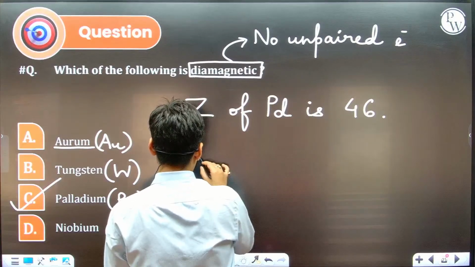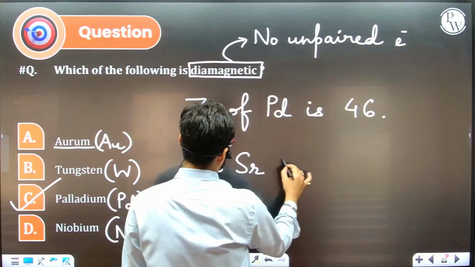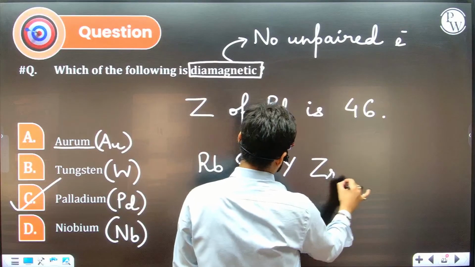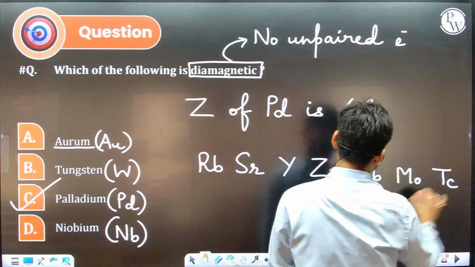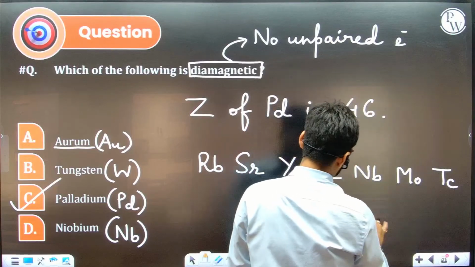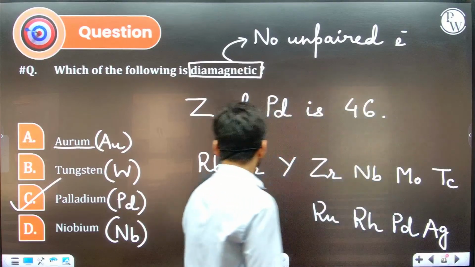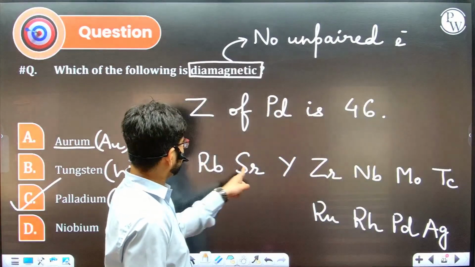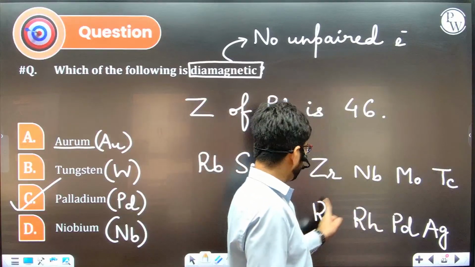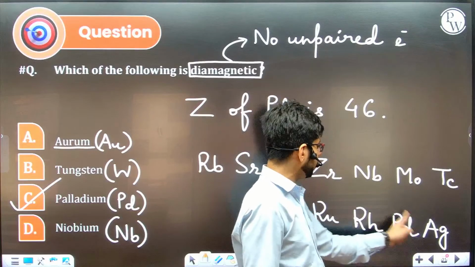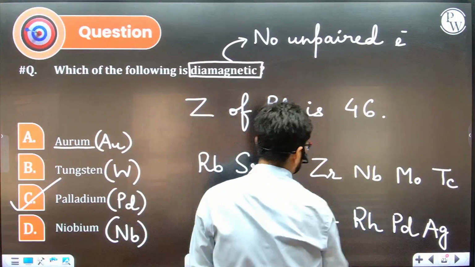After krypton, we have rubidium, strontium, yttrium, zirconium, niobium, molybdenum, technetium, ruthenium, rhodium, palladium, and then silver. So this is 37, 38, 39, 40, 41, 42, 43, 44, 45, 46. So the atomic number of Pd is 46. And the atomic number of silver is 47.